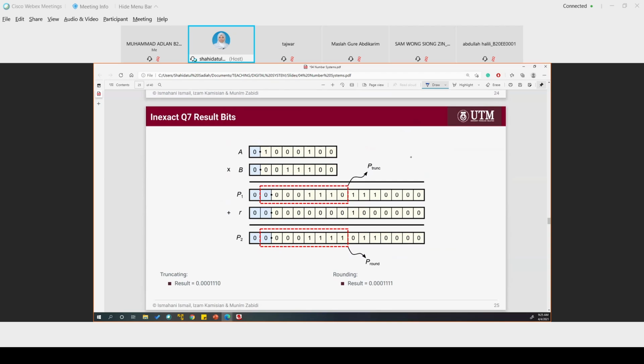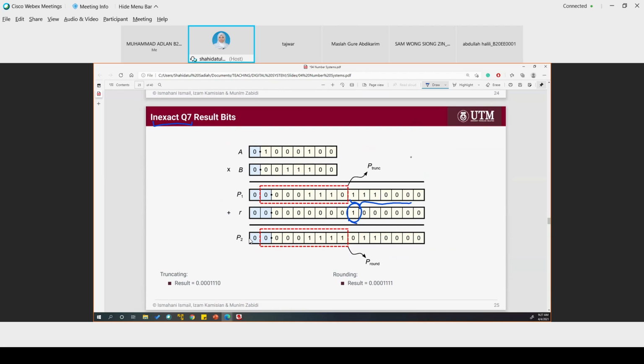We round it to the nearest bit by adding 1 here. For inexact Q7 multiplication, we always add 1 at this bit position for rounding.